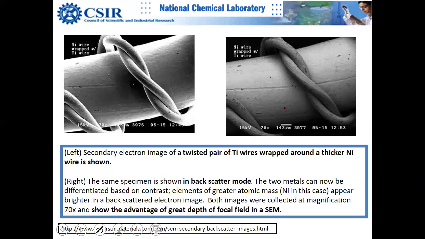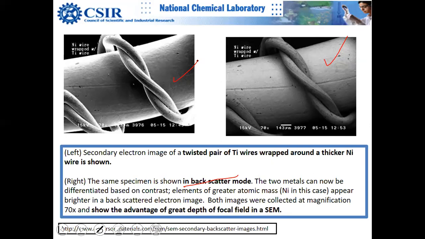You can see that there is hardly any difference. This is the compositional backscatter image, and this is the secondary electron image, where you don't see any compositional difference, but you do see beautiful topographical information.